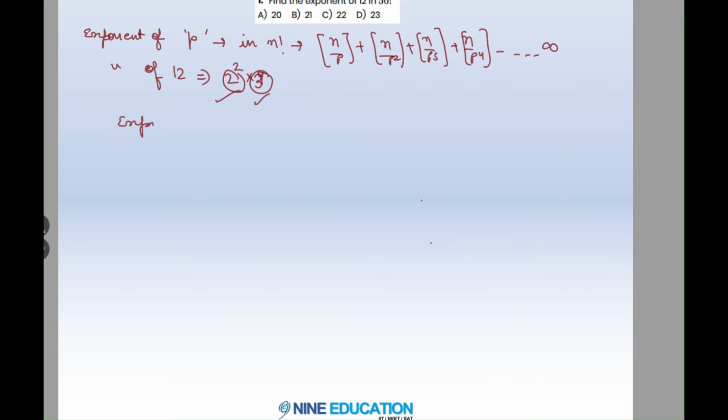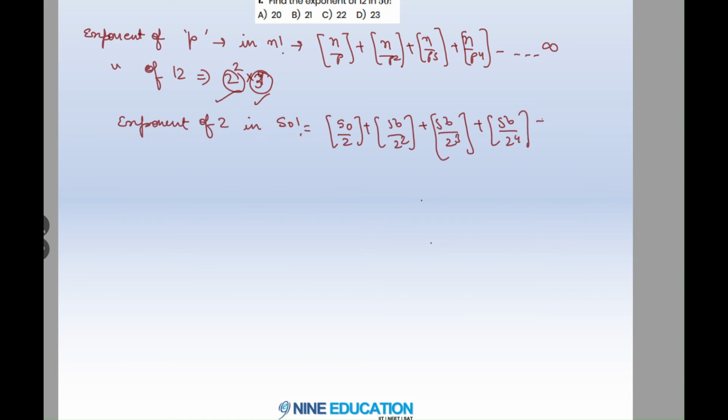So the exponent of 2 in 50 factorial is equal to the greatest integer of 50 by 2, greatest integer of 50 by 2 square, greatest integer of 50 by 2 cube, greatest integer of 50 by 2 power 4, greatest integer of 50 by 2 power 5, greatest integer of 50 by 2 power 6, and so on.